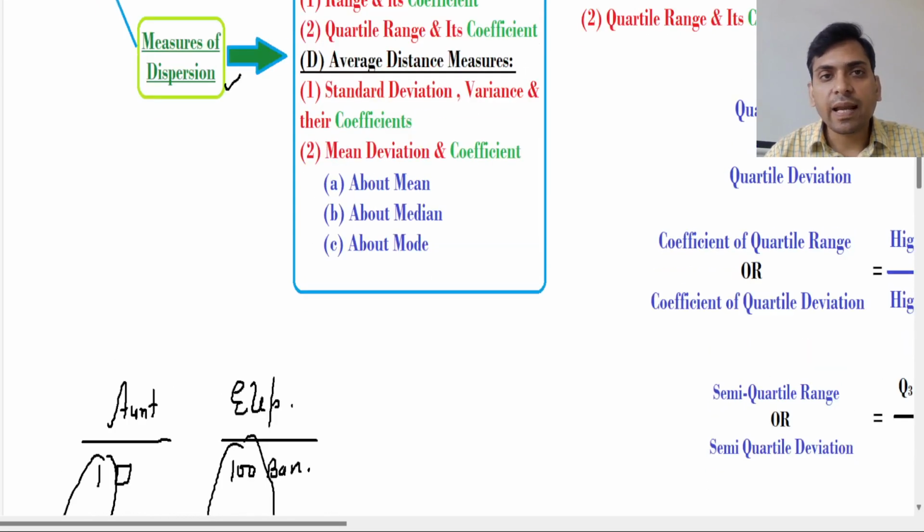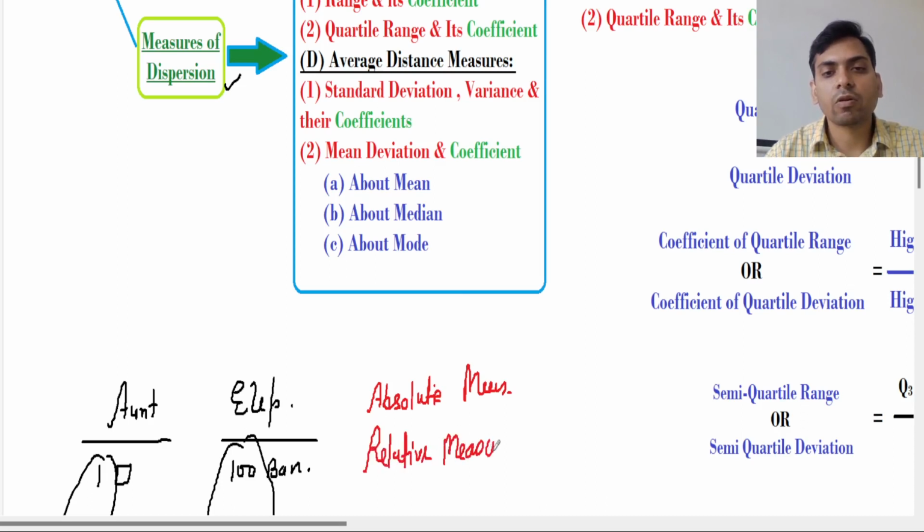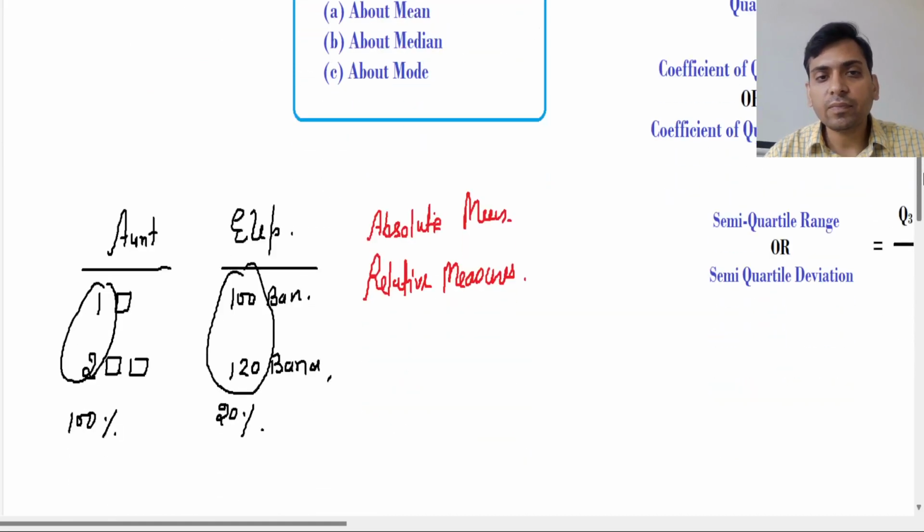So all these red parts, range, quartile range, standard deviation, mean deviation, all these are considered as absolute measures. These are considered as what? Absolute measures. And all these coefficients are considered as relative measures.